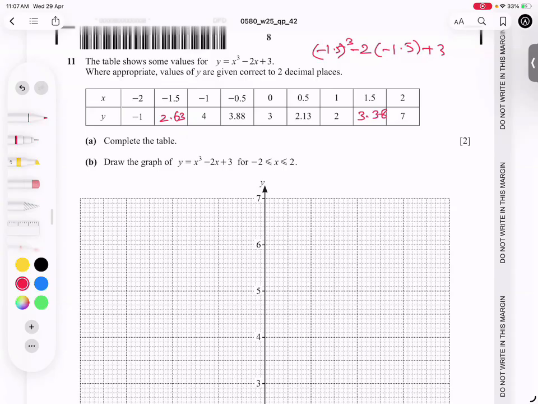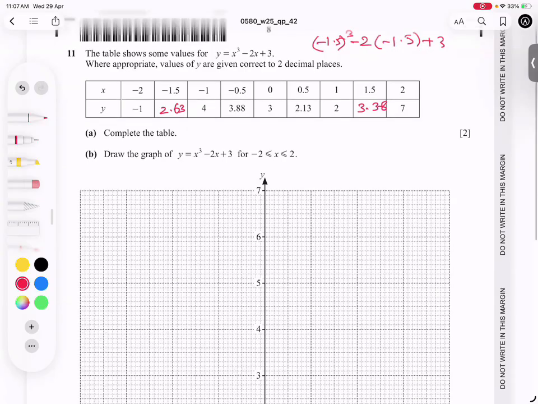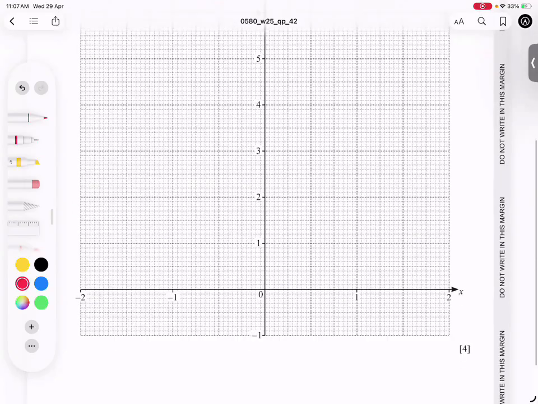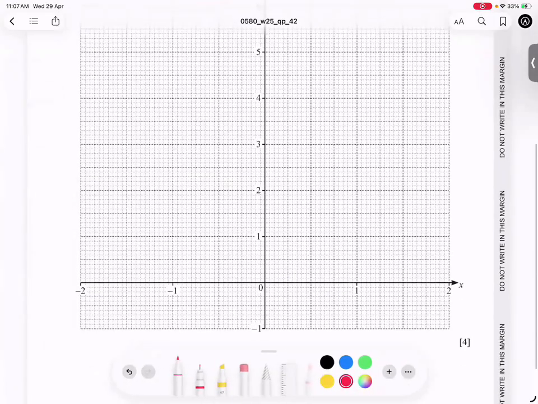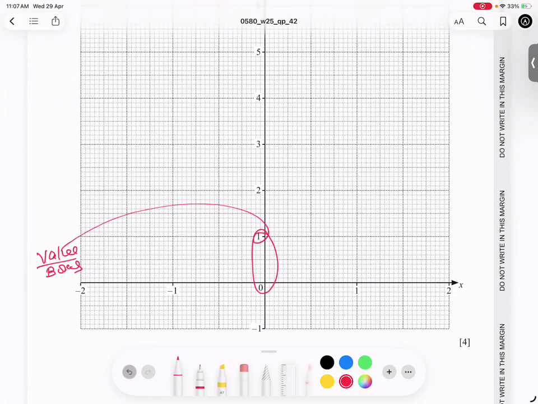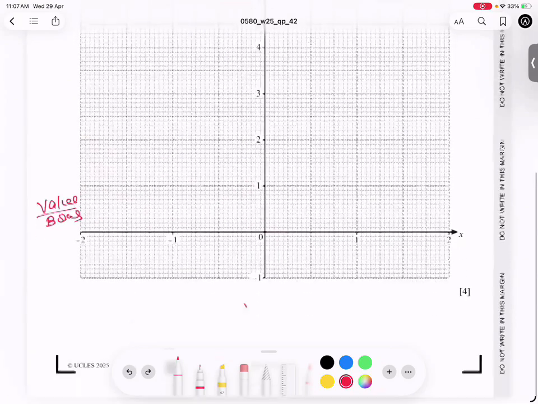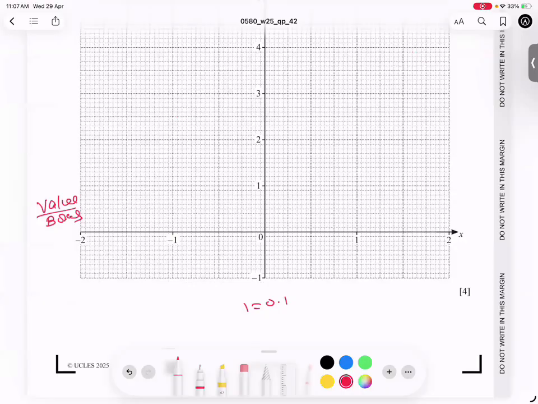Now, students, we are going to draw. What is the drawing technique? First of all, you must decide a scale. What is the formula of scale, students? Scale formula is value divided by number of boxes. So, for example, what is the value? 1 goes up and 10 goes down. So, along the y-axis, 1 equals 0.1. But here, 1 divided by 20 boxes. So 1 by 20.